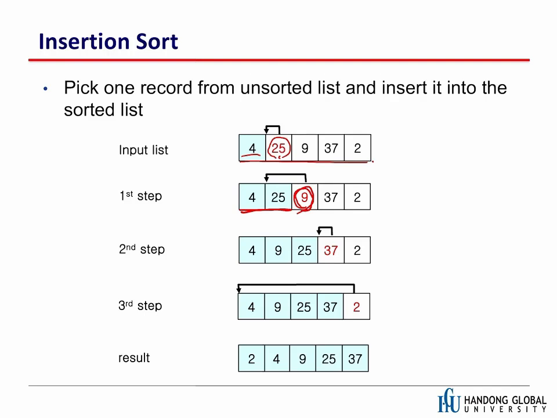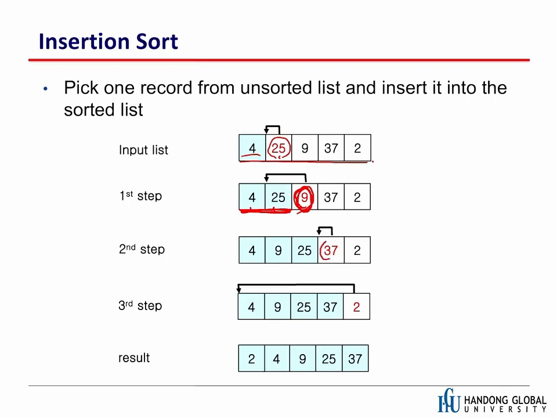The light blue colored list is, in a sense, sorted, and the white colored list is kind of untouched elements. So 4 and 25 is the sorted sublist, and we want to put this 9 in the middle of this. 9 is smaller than 25 and larger than 4, so we put 9 between these two.